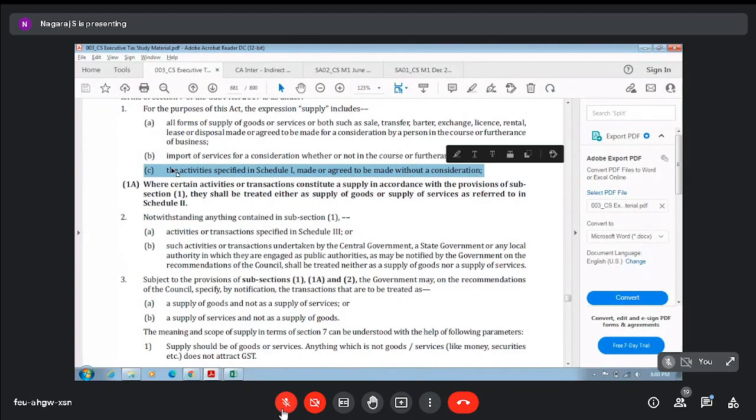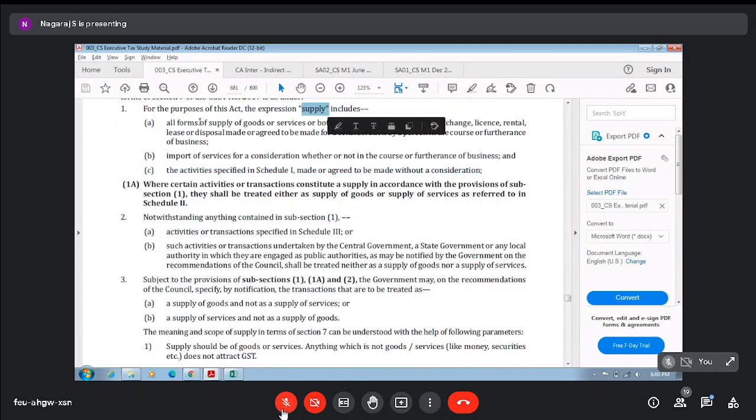Okay. The activity specified in schedule 1 made or agreed to be made without a consideration, then also it becomes supply. Supply includes these 3 in section 7.1. In section 7.1, we saw A, we saw B. Now we are seeing C. In C, they have given the reference to schedule 1. In schedule 1, there are 4 activities they have listed.